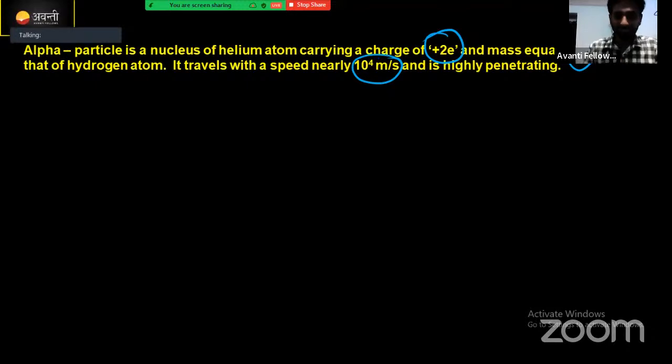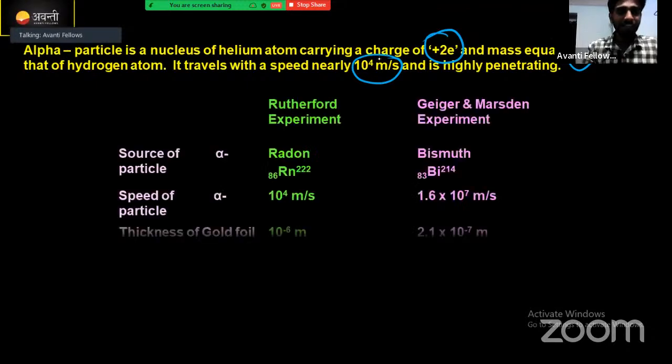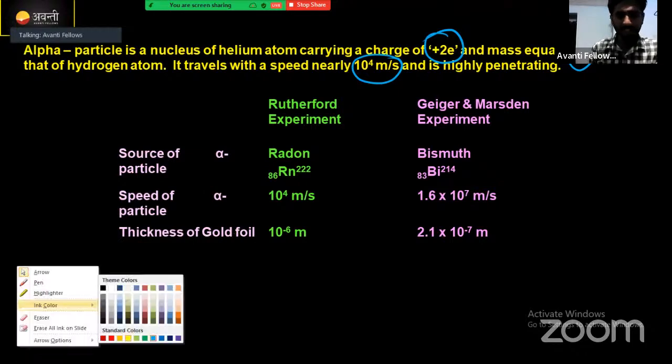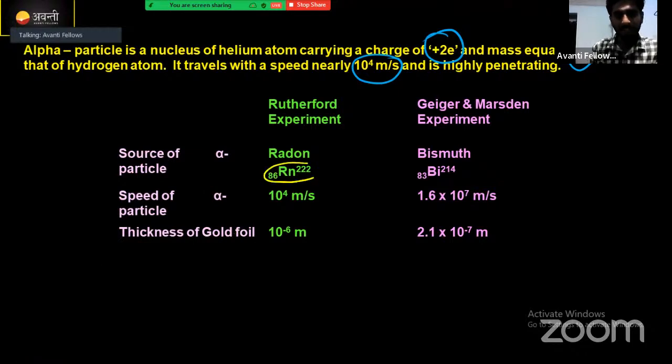Okay, next, what are the sources and what are the observations made by Rutherford? We will list them here. In the Rutherford experiment, we took a source of alpha particles. You can take lead, or else radon, no problem.